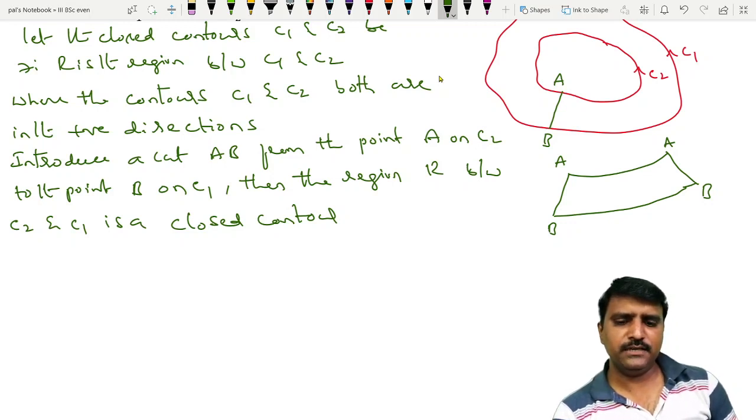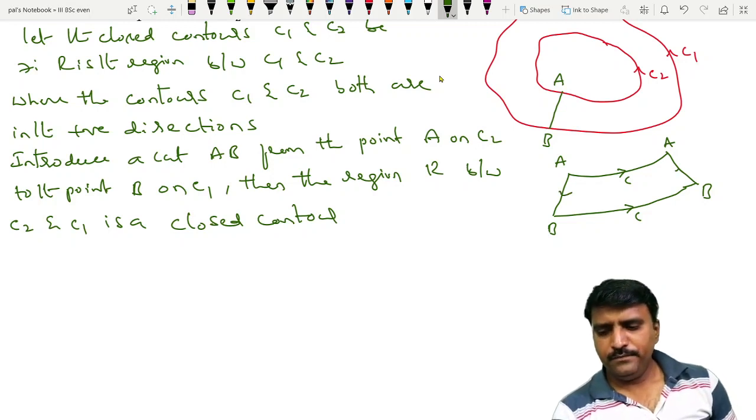So this is C2, and you take it as C. So if you take one direction, maybe like this.